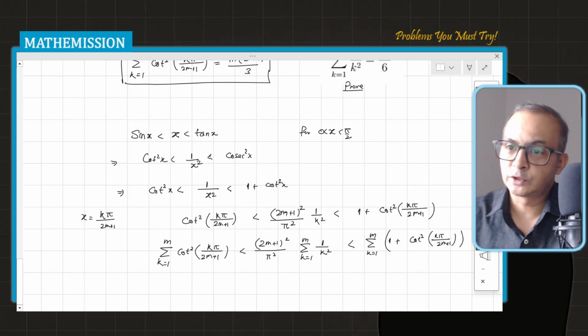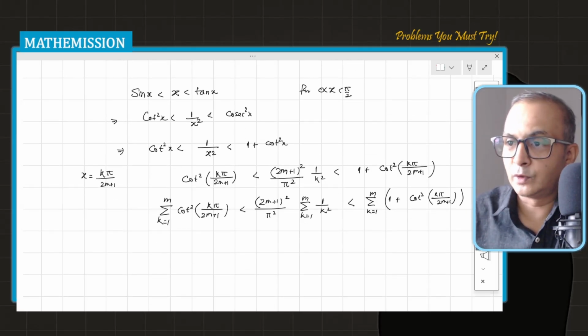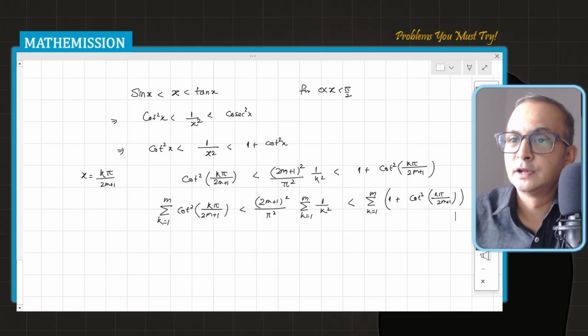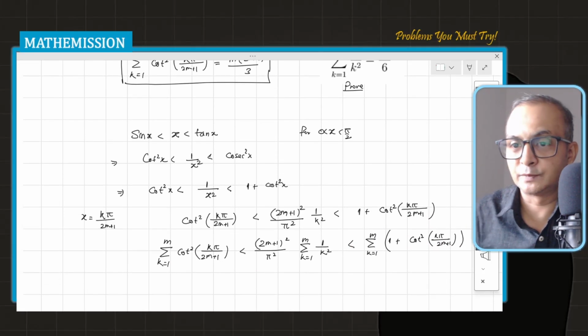Now notice one more thing. This value we have already found in both sides. This right hand side also we can substitute this thing, and also we can substitute this thing. So what is this value we already found? m times 2m minus 1 by 3. So let's substitute it.